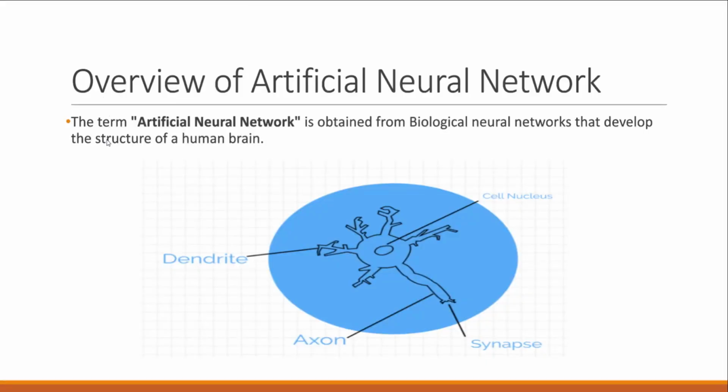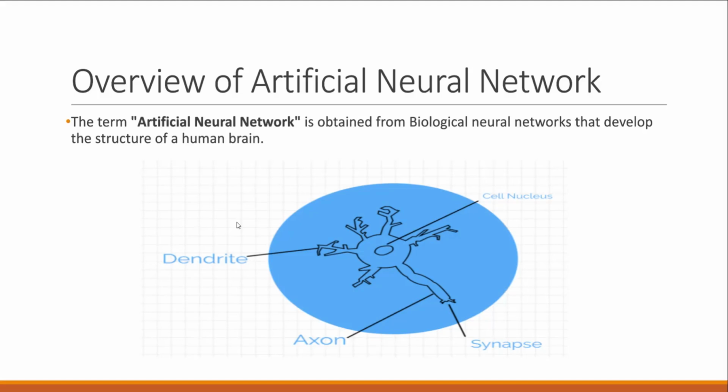So basically an artificial neural network is a computational non-linear model that is inspired by the human brain, and it can perform tasks like classification, prediction, decision making and visualization. The term artificial neural network is obtained from biological neural network, which develops the structure of a human brain.